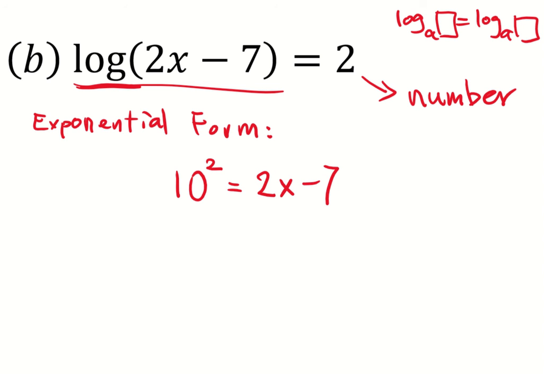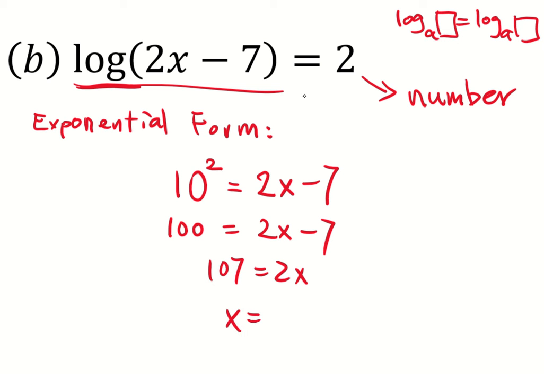Okay, now solve this equation. 10 squared is 100, equals 2x minus 7. 107 equals 2x. Then x equals 107 over 2.